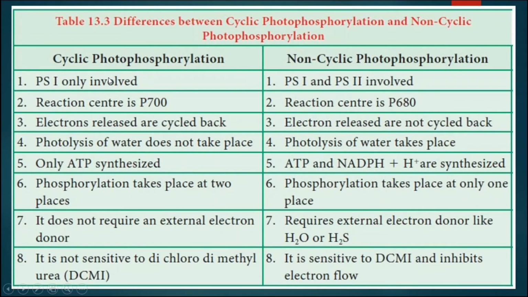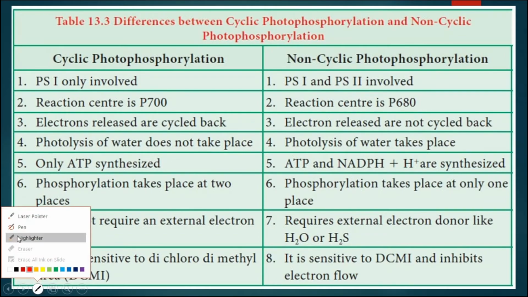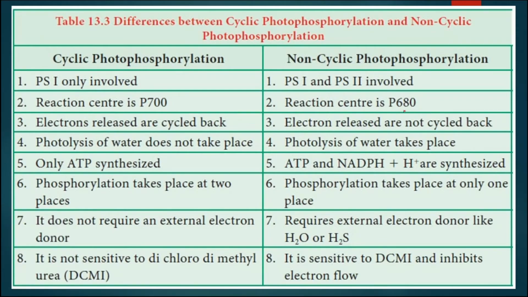In cyclic photophosphorylation, only one pigment system, that is pigment system 1, is involved, that is reaction center P700, whereas in non-cyclic photophosphorylation both the pigment systems are involved, that is P680 as well as P700. In cyclic photophosphorylation, the electrons released cycle back to the reaction center, and that is why it is known as cyclic photophosphorylation.